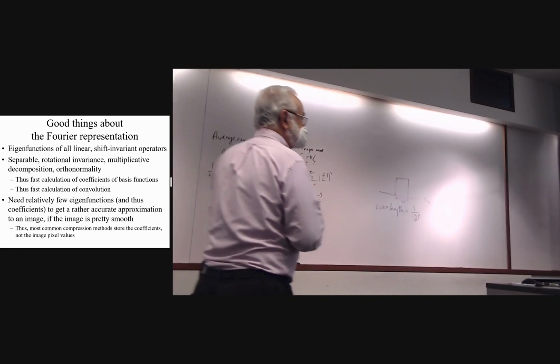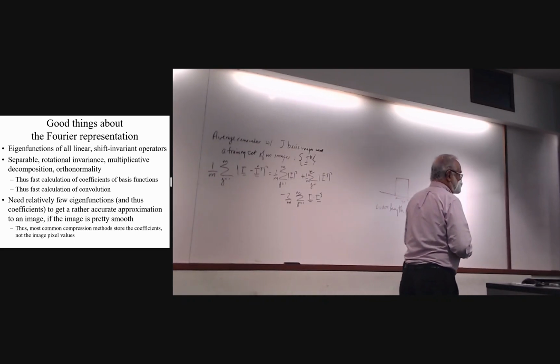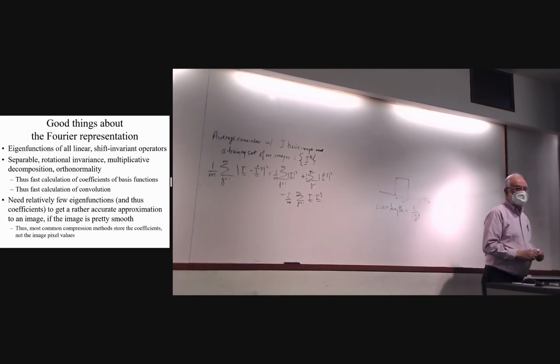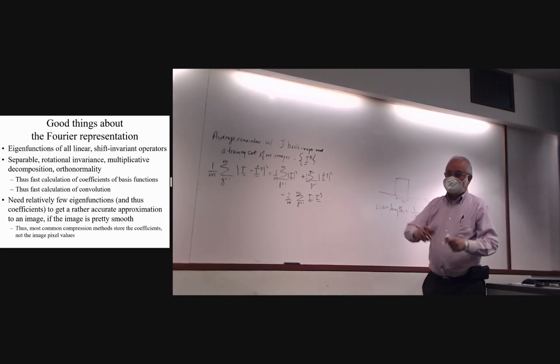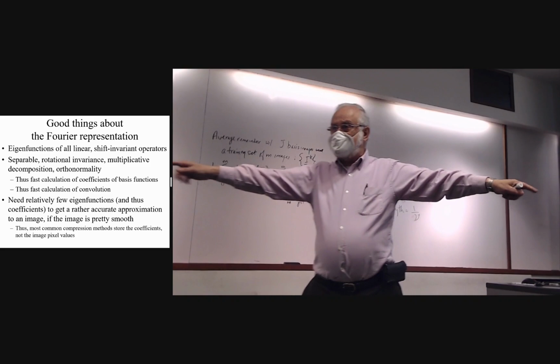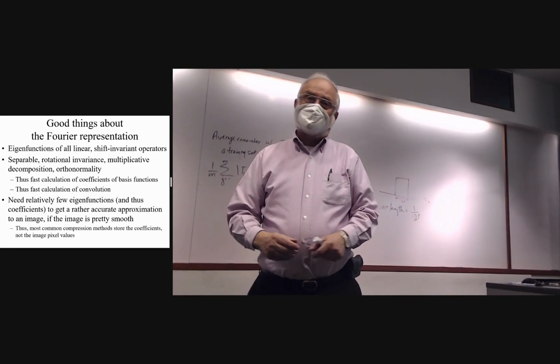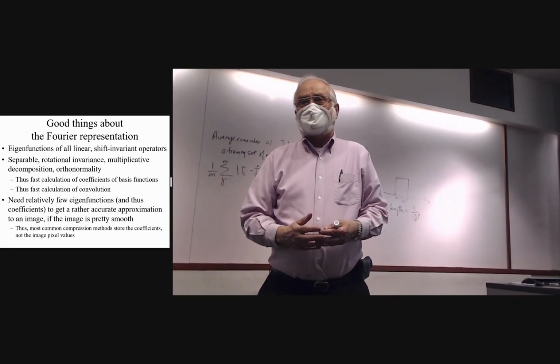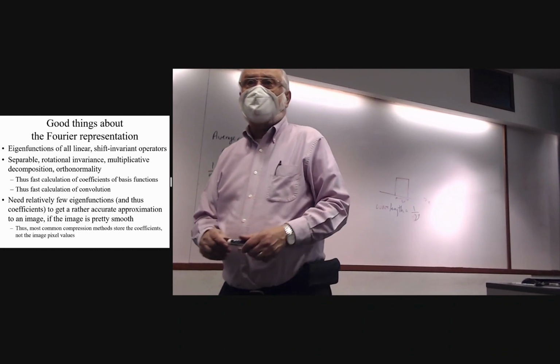Okay? This, of course, depends on the image being relatively smooth, because that's what causes us to only need relatively few coefficients, but that follows from the fact that images come from some kind of a camera.